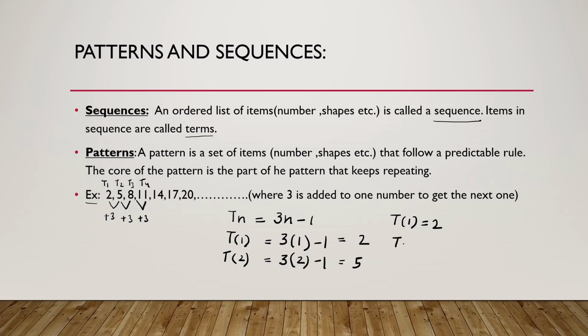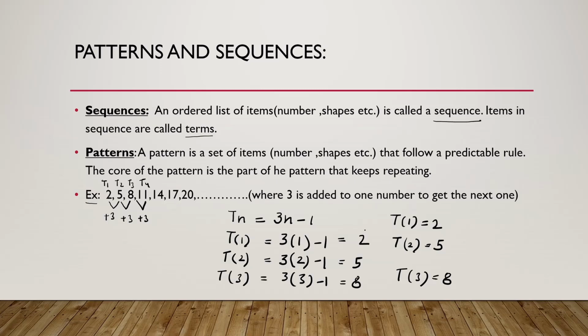So T2 equals 5. Likewise, third term equals 3 into 3 minus 1. 3 into 3 is 9, minus 1 equals 8. So T3 equals 8. I hope it clears to you.